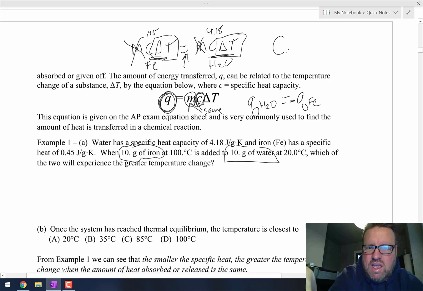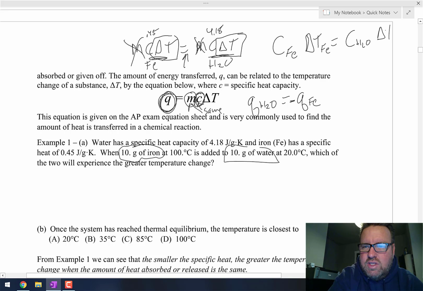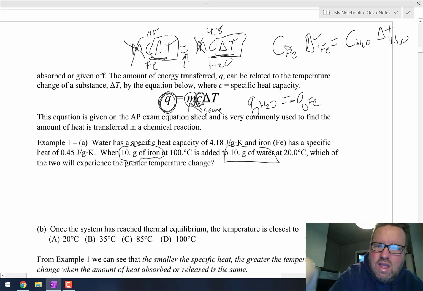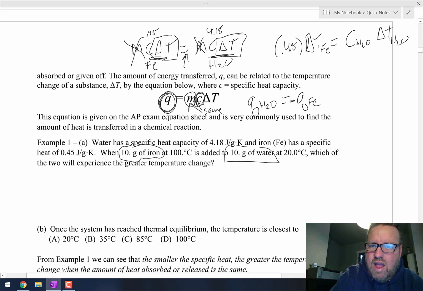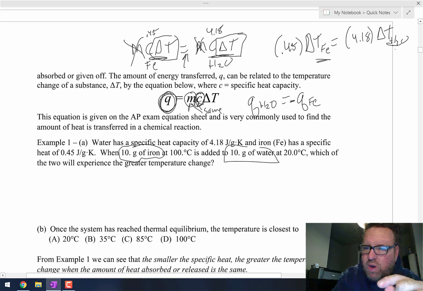If the C for iron times the temperature change of iron is equal to the specific heat of the water times the temperature change of the water, and this C here is 0.45, and this C is 4.18, think about what these numbers have to be in order to be equal to each other.